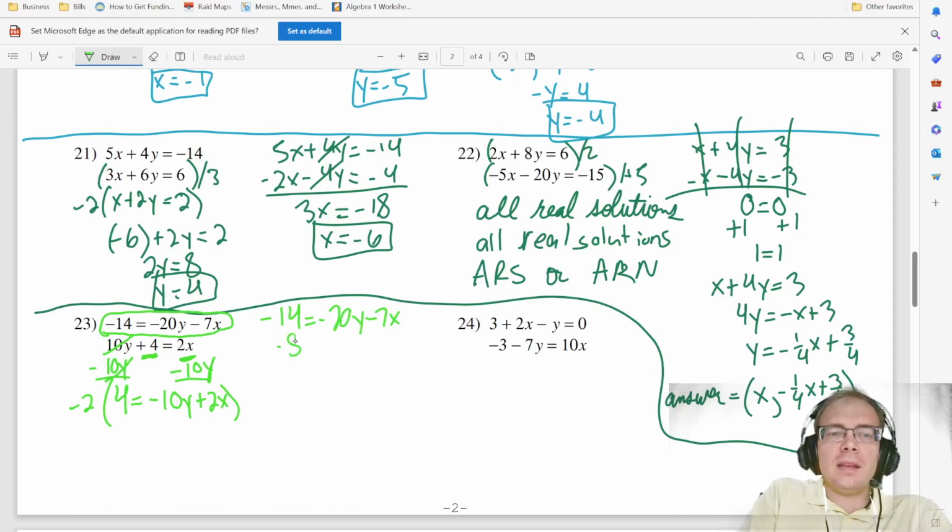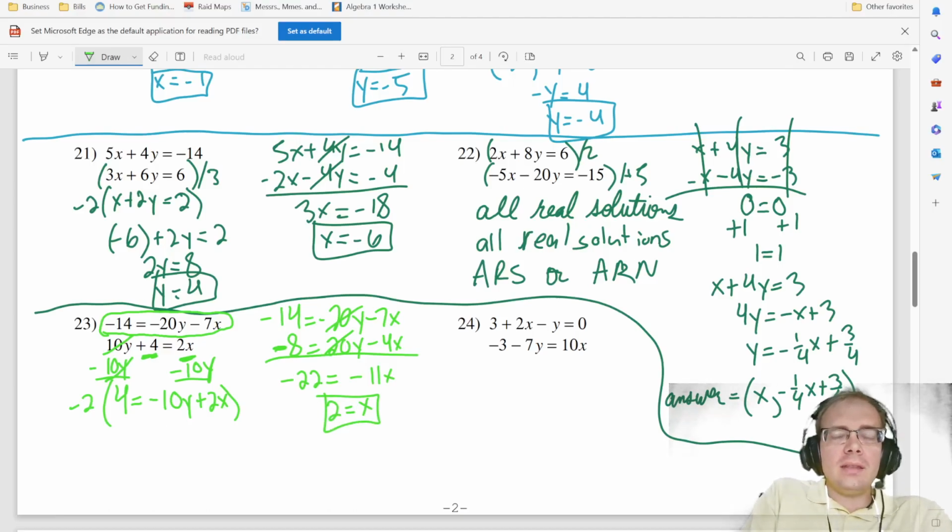And then that's going to be -8 is equal to positive 20y. Make sure I get that negative in there. Positive 20y minus a 4x. And then that's going to be a negative 22. That's going to cancel there, and then that's going to be negative 11x. Divide by negative 11, negative 22, negative 11, that's going to be 2.